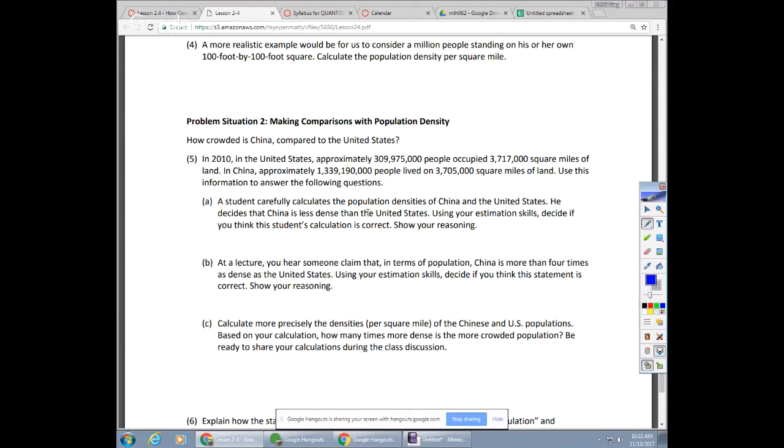So at first, we're just going to estimate it. Who is more dense, China or the US, based on the figures above?